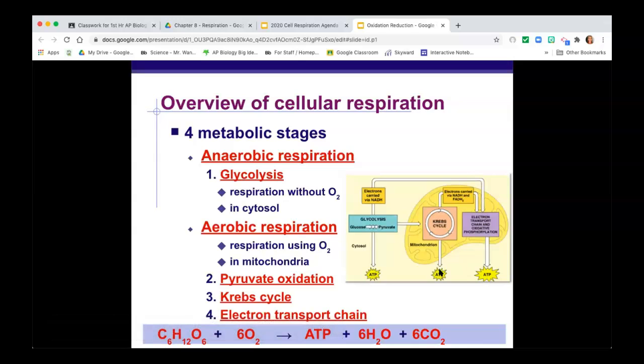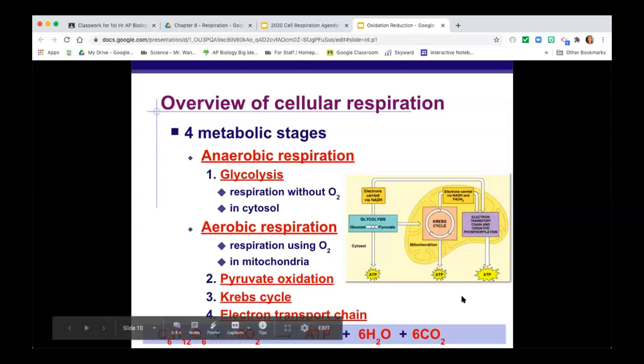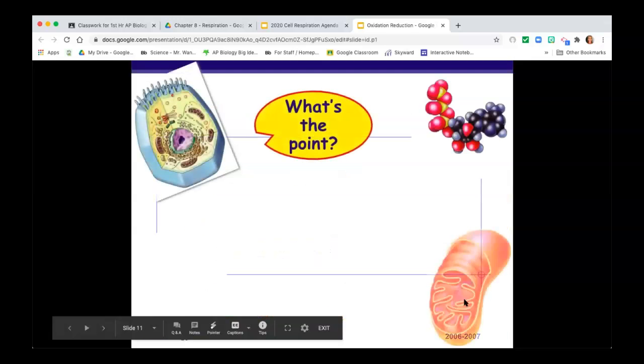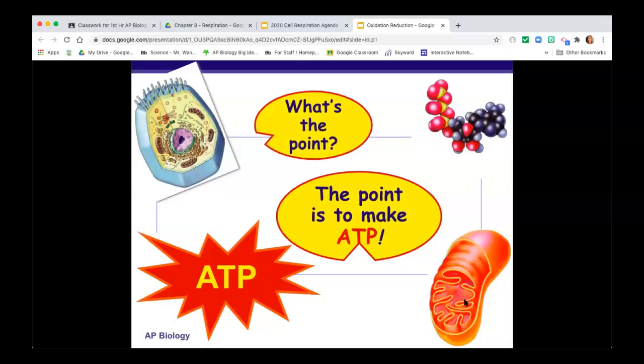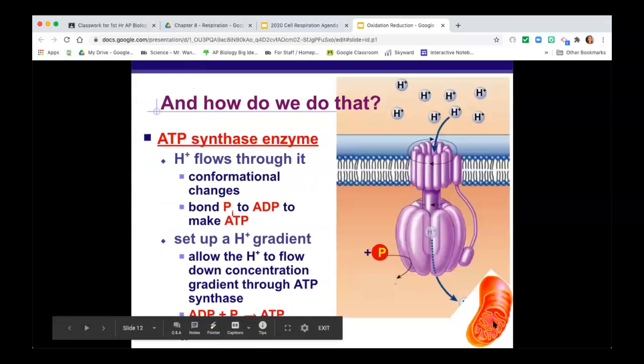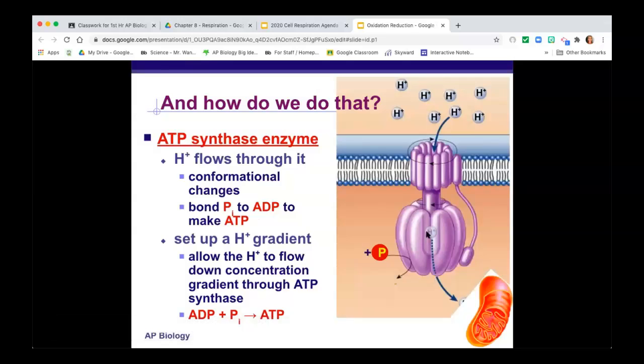You're going to find a lot of commonalities between the 2 reactions, between photosynthesis and cellular respiration. As you are learning this process, try to identify how they're alike and how they're different. It's like they have the same steps, only the steps are backwards. So look for that all along the way. In the end, we get to make lots of ATP using that same ATP synthase, that same concept of the hydrogen ion gradient.